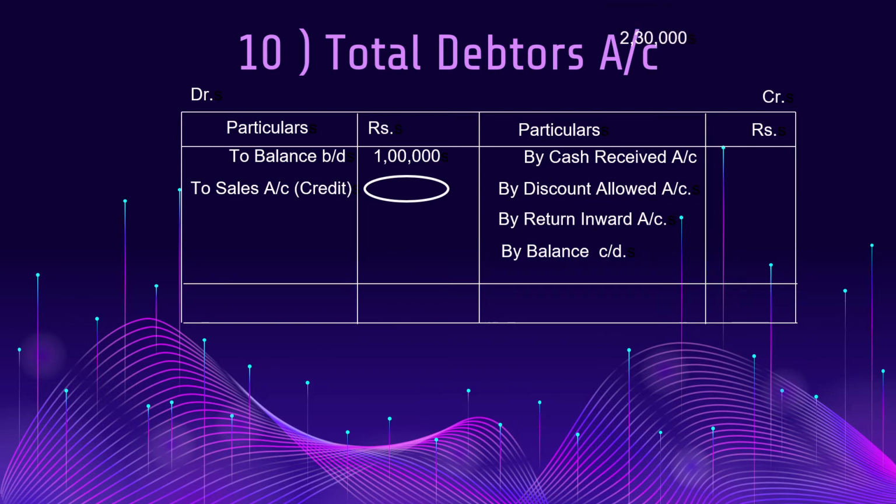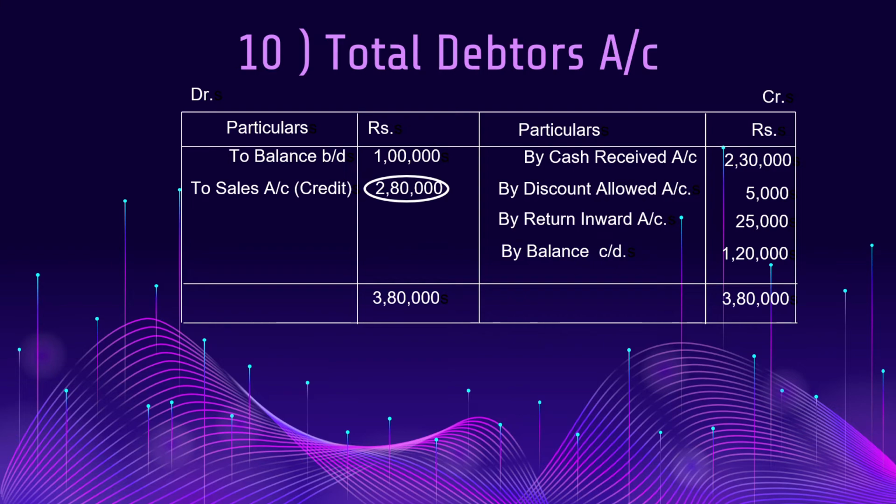And next you have to write the cash received from debtors, then discount allowed, returns inward, and the closing balance of debtors. Now you have to put the total, 3,80,000. Now you have to show it here also. When you balance these two, see, 1 lakh and 3,80,000, when you subtract, the remaining is the credit sales. So like this you have to do the sum. When there is no information about bills receivable, there is no need to prepare the bills receivable account.